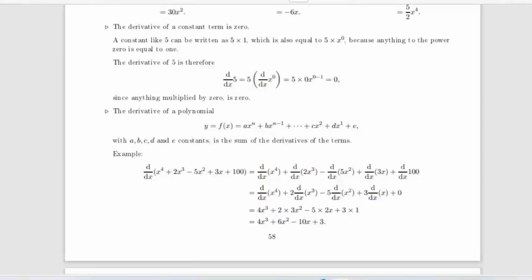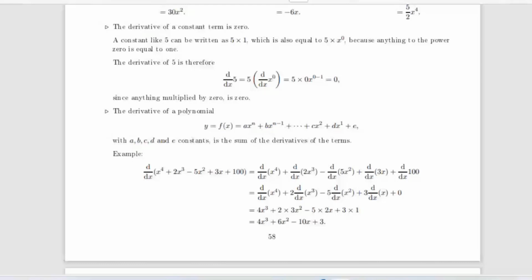So you can only derive anything that has an x, or a variable. Even so, you can only derive until 10x if we were asked to derive further. The reason why I'm saying we cannot derive 100 is because 100 is a constant.